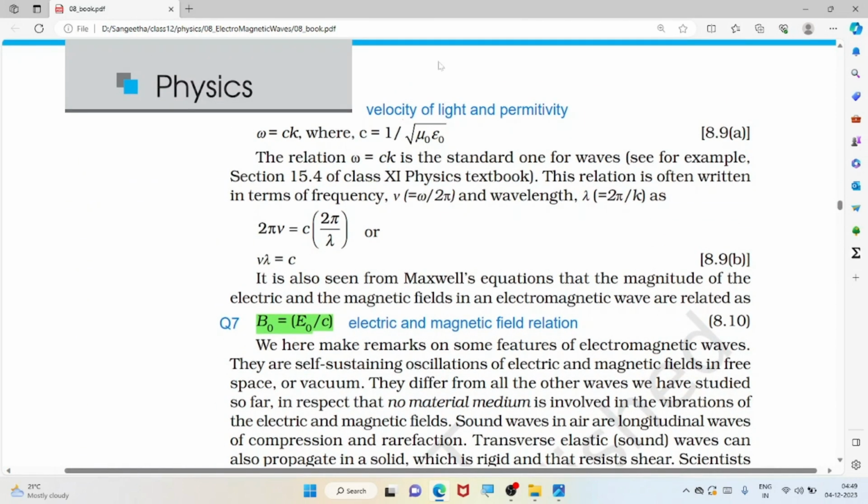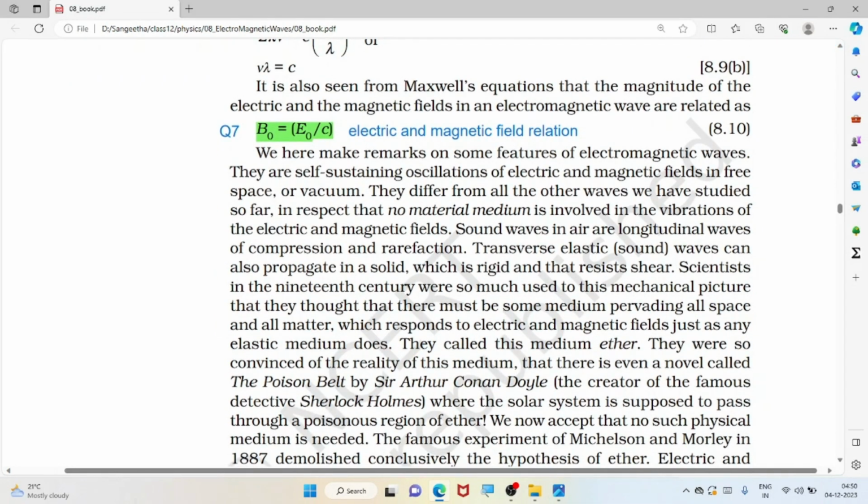This is the velocity of light related to the permittivity of free space. Okay, this is important. c equals 1 by square root of mu naught epsilon naught. This is how electric and magnetic fields are related. Magnetic field equals electric field divided by velocity of light.